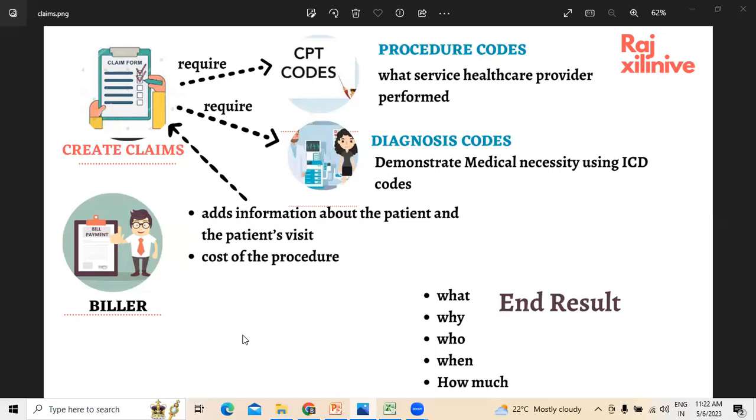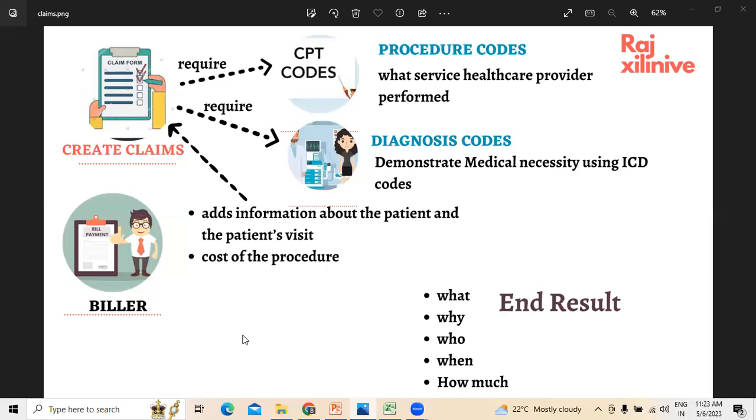Diagnosis codes demonstrate the medical necessity, meaning whatever diagnosis they have made as part of the treatment provided to the particular patient. All of these come under diagnosis codes.